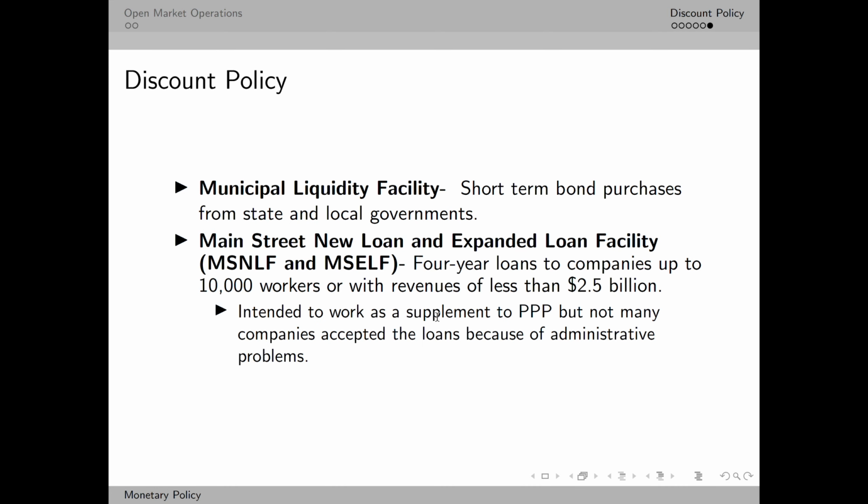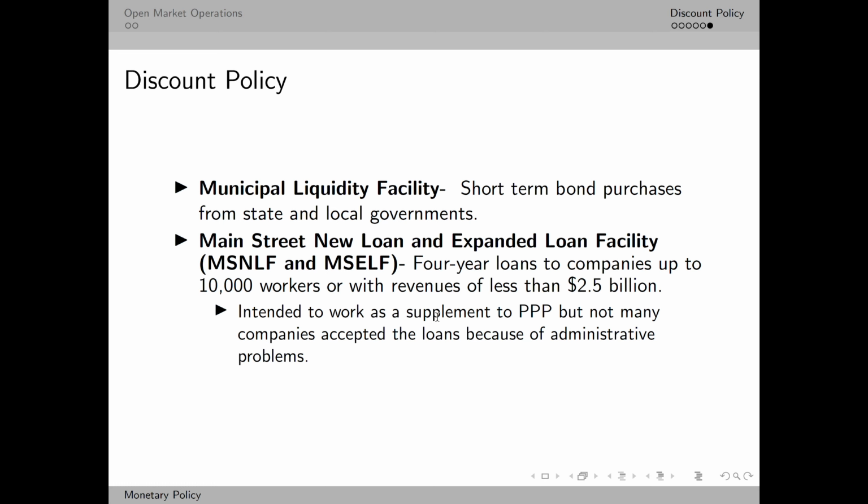Then you also had the municipal liquidity facility, which were short-term bond purchases from state and local governments that was funded by the CARES Act. And then there was the Main Street New Loan and Expanded Loan Facility, so the MSNLF and the MSELF.